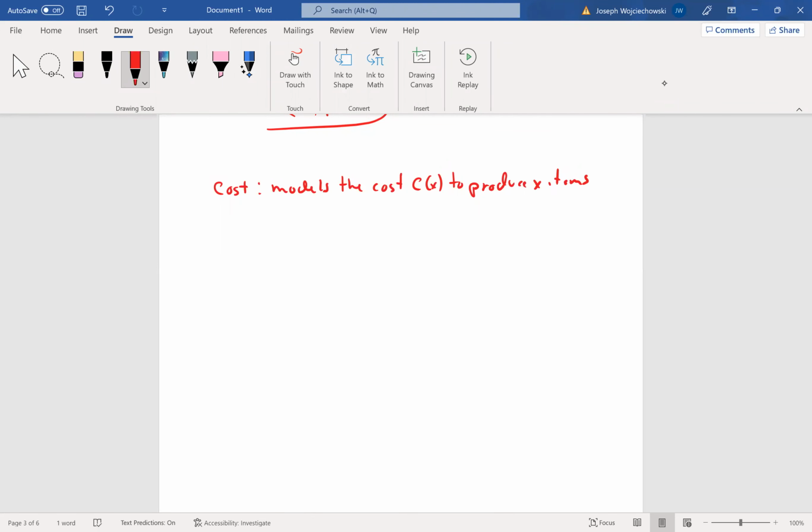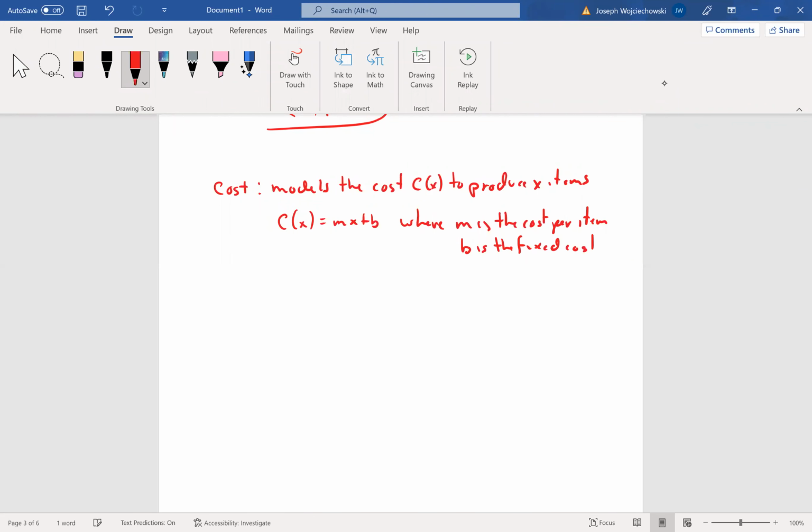Typically, we're talking C of X equals mx plus b, where m is the cost per item and b is the fixed cost.